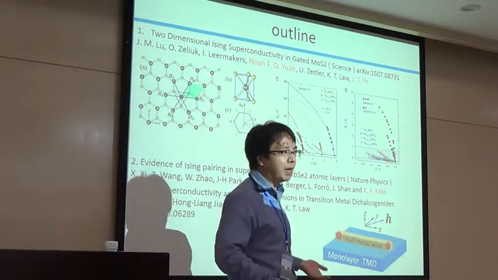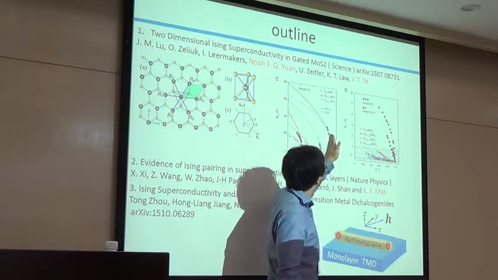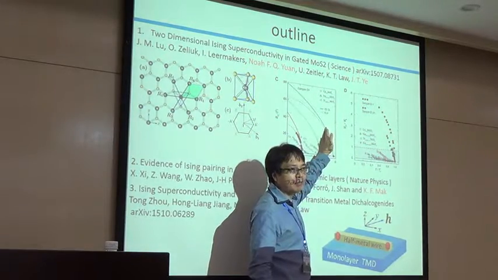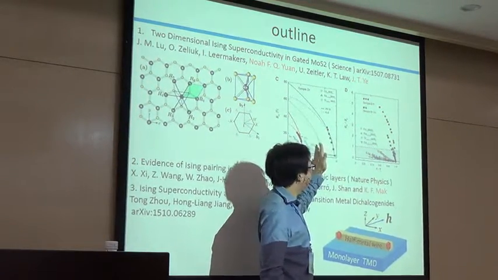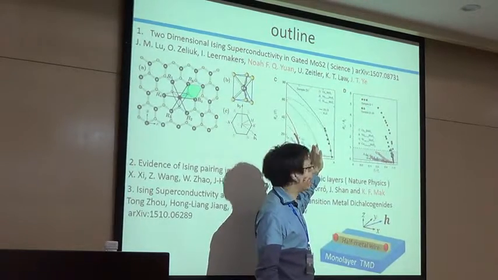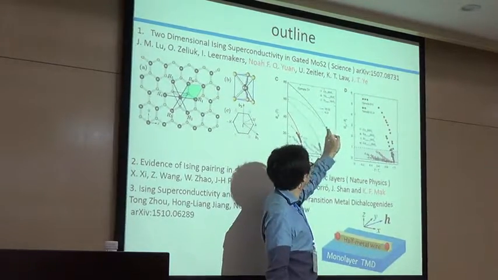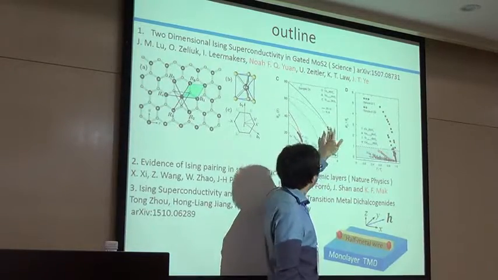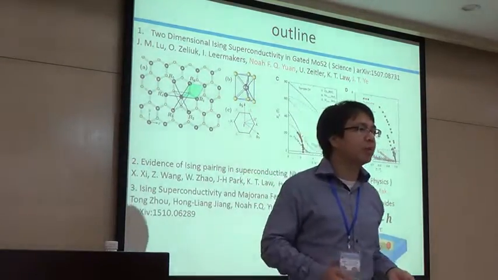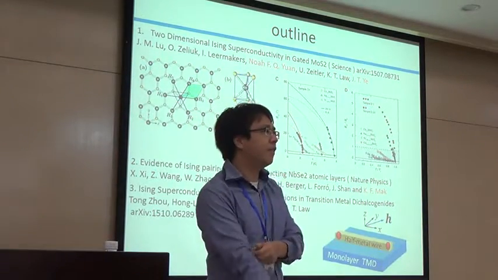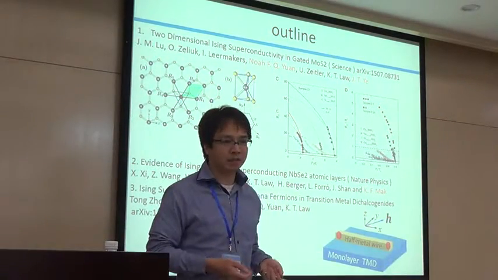They tried their best, but you see that the superconductivity is almost untouched. They can go to lower temperature, but they cannot go to higher field, so you don't have data here. But the superconductivity in this material can survive under an extremely high magnetic field.